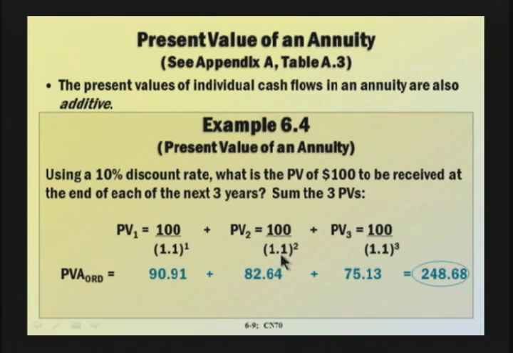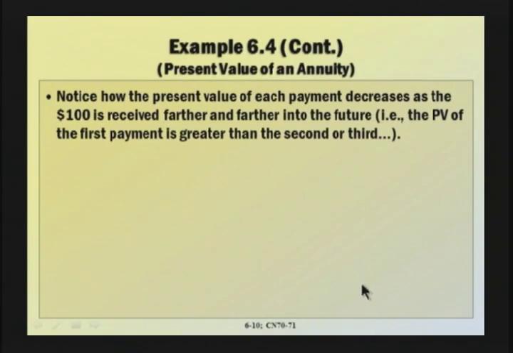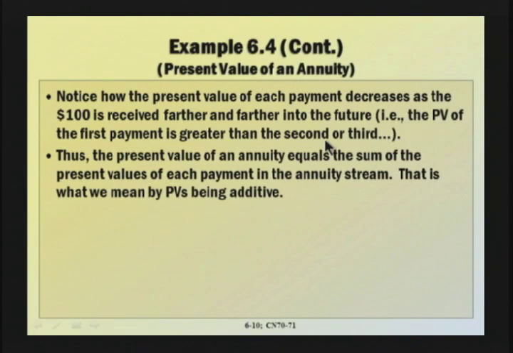Discounted at 10%, that payment by itself is worth $82.64, and the third one is worth $75.13. So you see how the present value of each payment individually is getting smaller and smaller the farther into the future it is to be received. So we know the longer we have to wait to receive the same number of dollars, the less it's worth because of the time value of money.